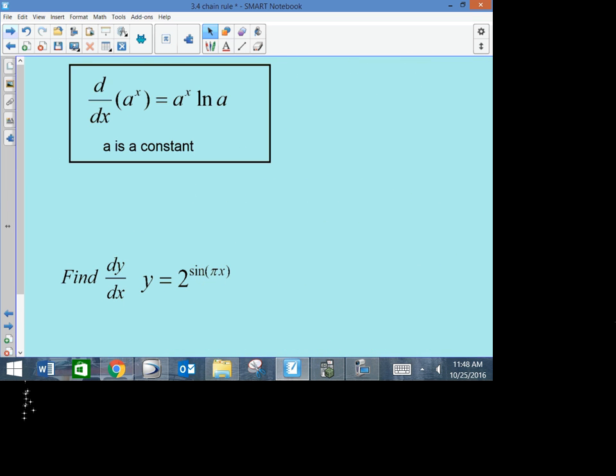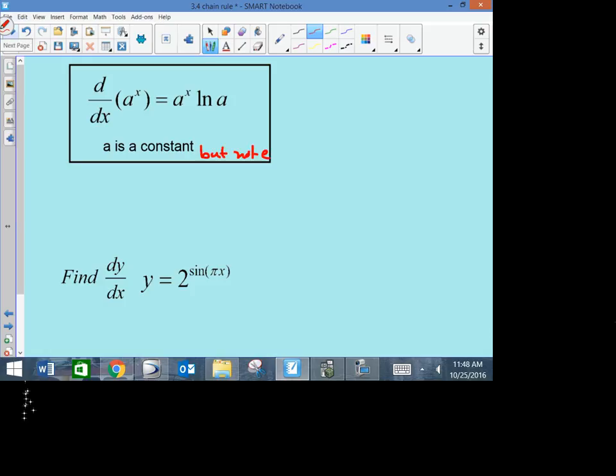All right, let's try some more. This is another derivative that you have to memorize. You might have the page, the green page. Good job. We have this middle section and these down here, and then we're done. But this is one. A is a constant, but it's not e.